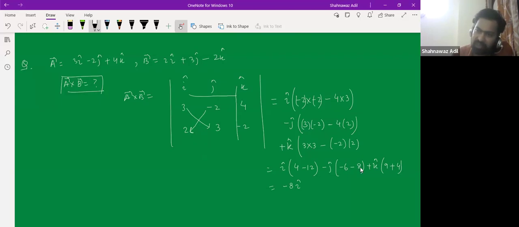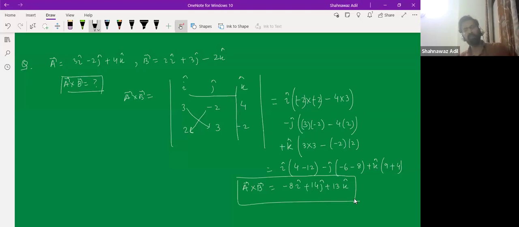This is minus 14, and with the minus sign that becomes 14 j hat. And then this is 13 k hat. So this is A cross B. Is it clear? Yes, sir. So quickly note this down, and we will do some questions in the next class, and this will become clear. Yes, sir.